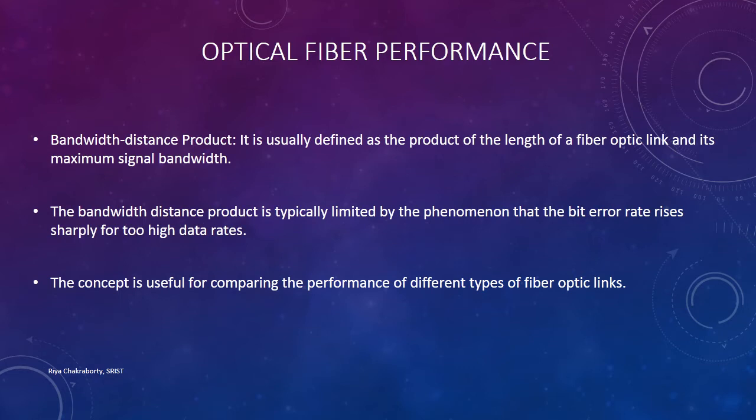That bandwidth is related to the data rate. The bandwidth distance product is typically limited by the phenomenon that the bit error rate rises sharply for too high data rates. The concept is helpful for comparing the performance of different types of fiber optic links.